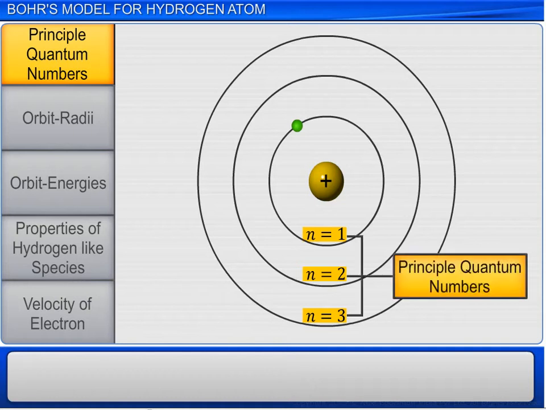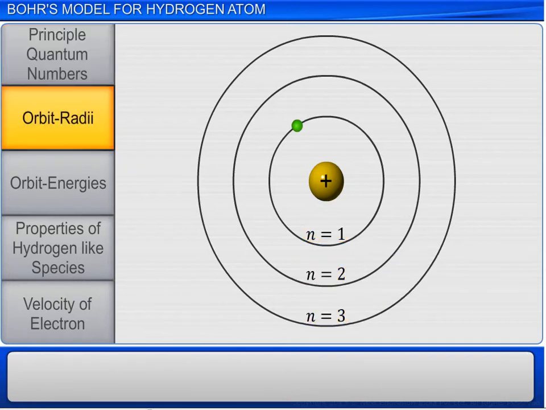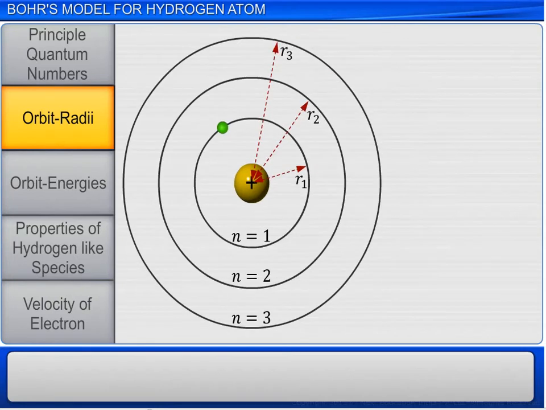The radii of stationary states or orbits can be given by the expression: radius of the nth orbit, Rn, is equal to n squared multiplied by the constant A0, which is equal to 52.9 picometer.